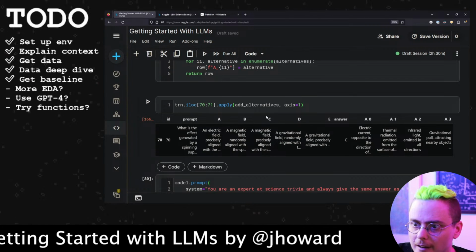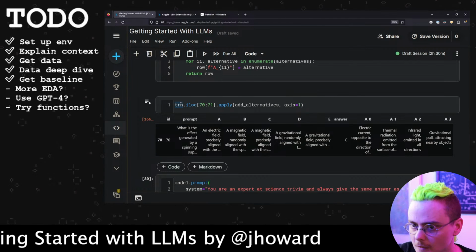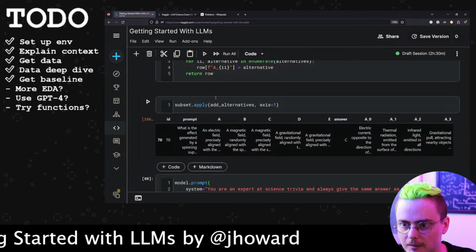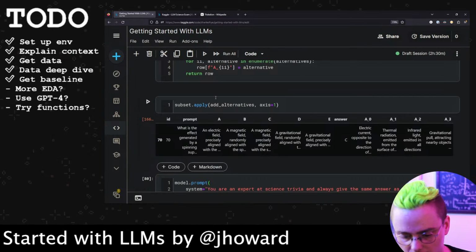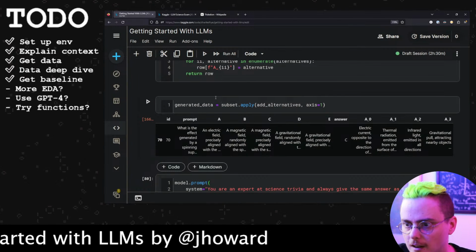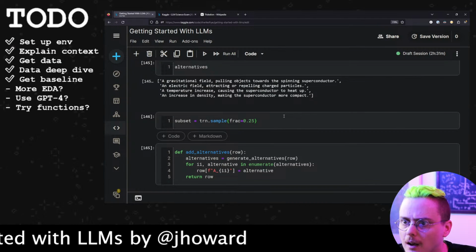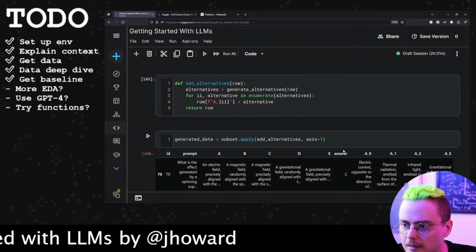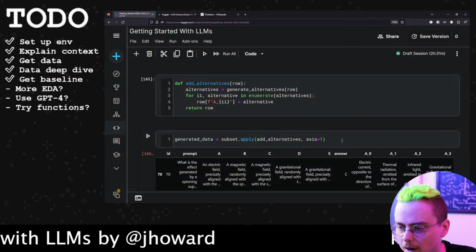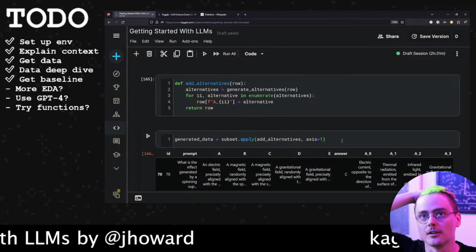All right, we got it. We've got the answers there. So let's now do our more expensive thing and say our generated data is subset.apply(add_alternatives, axis=1). All right, that's going to take a while because pandas is designed to parallelize stuff locally.